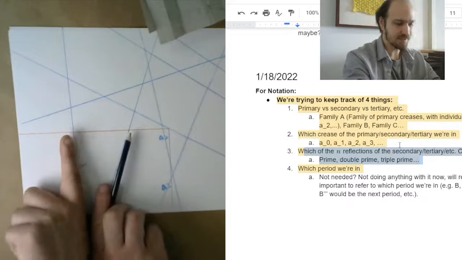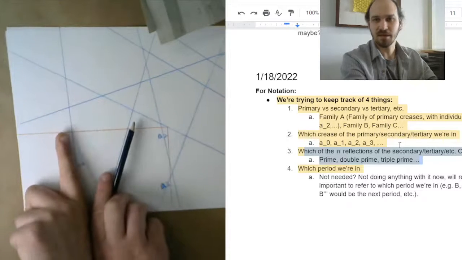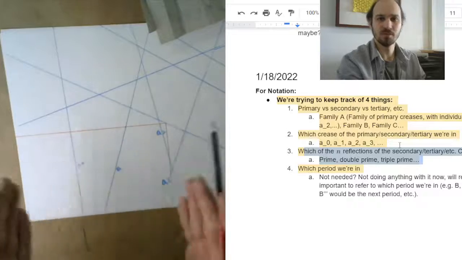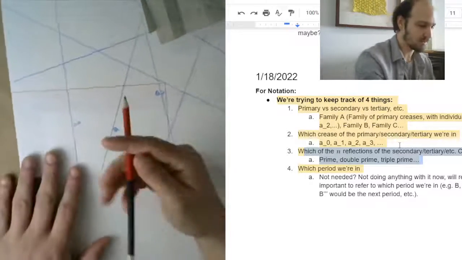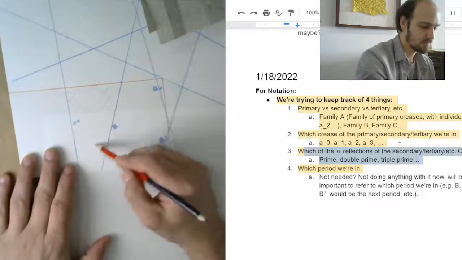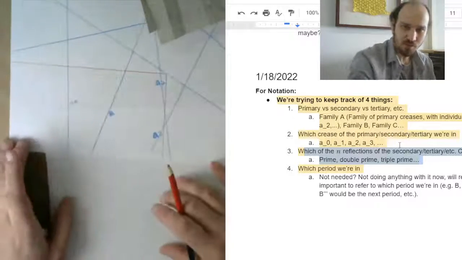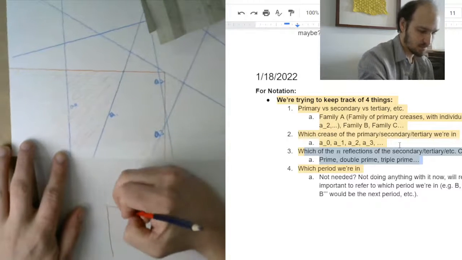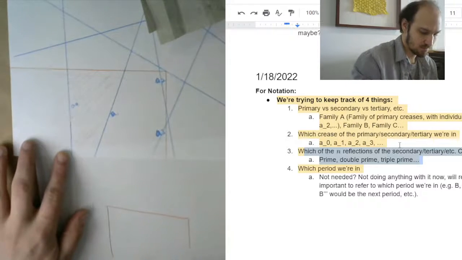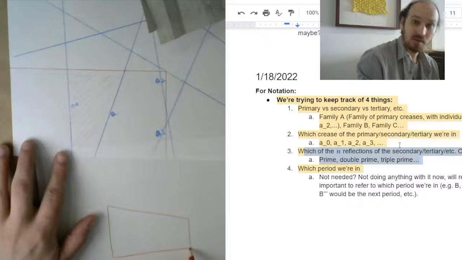Basically, what happens is A1 and A2 create a new subregion, and that new subregion, we'll say it's this, creates a new region here, which kind of looks like that.